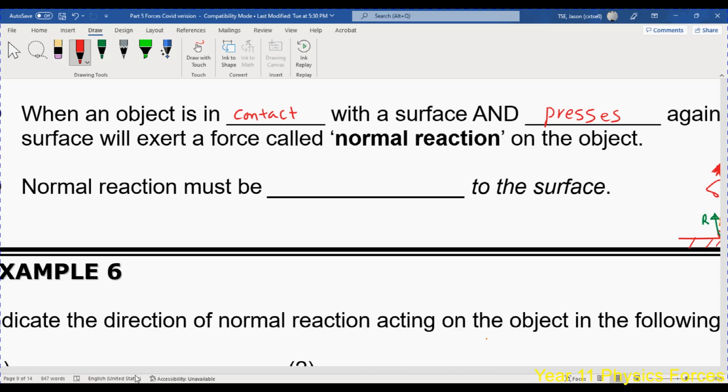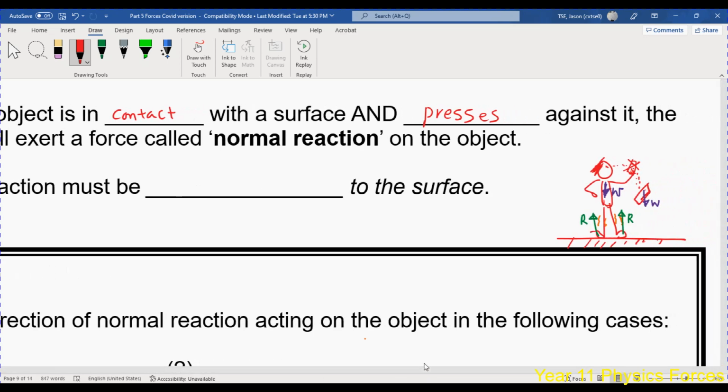All those surfaces you are pressing against will give you normal reaction on different parts of your body. And all the normal reaction must be perpendicular to the surface.